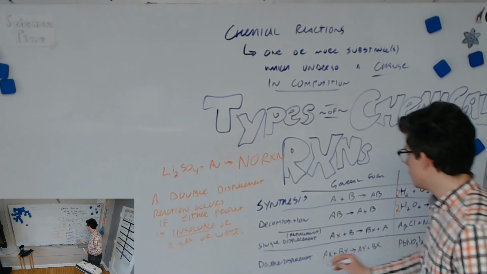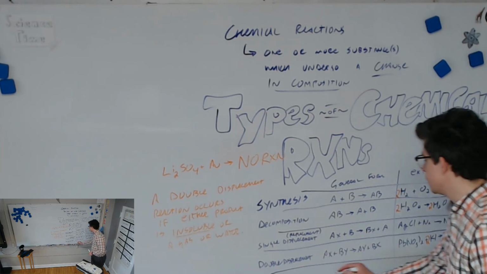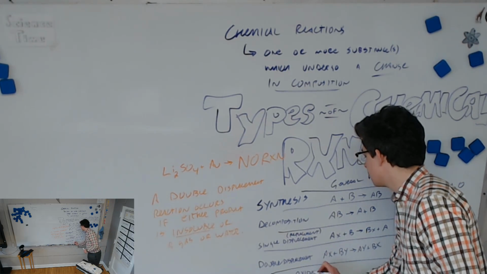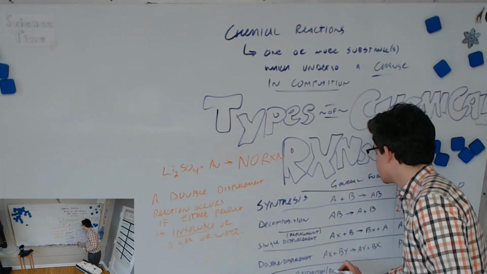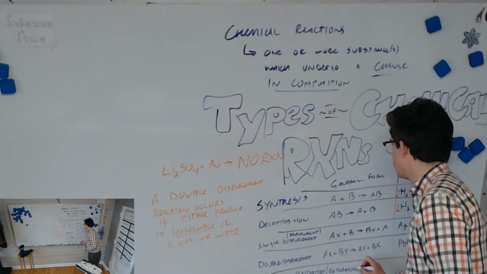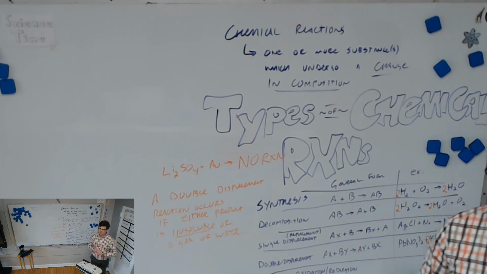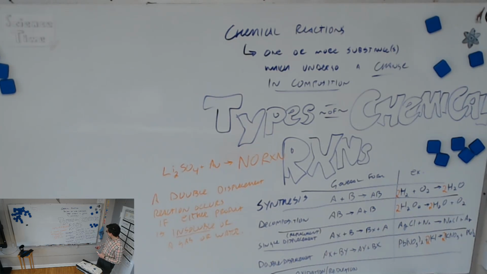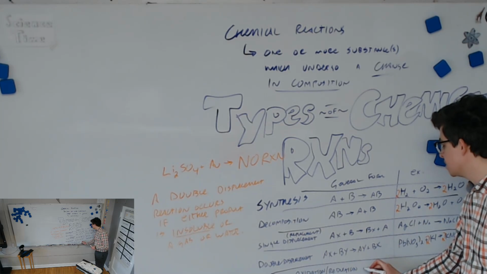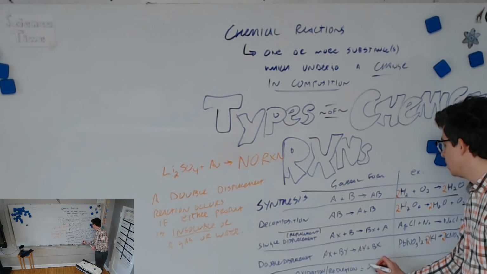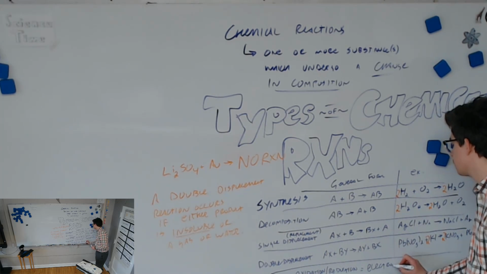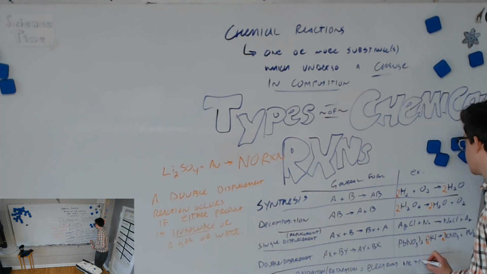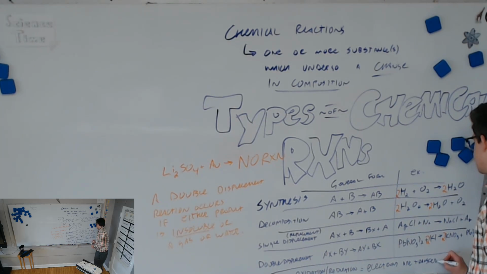And then the last type that your book talks about is oxidation reduction, which many other reactions fall into. Let's just write a definition. An oxidation reduction reaction is one where electrons are transferred, and that's going to be satisfactory as a definition for right now.